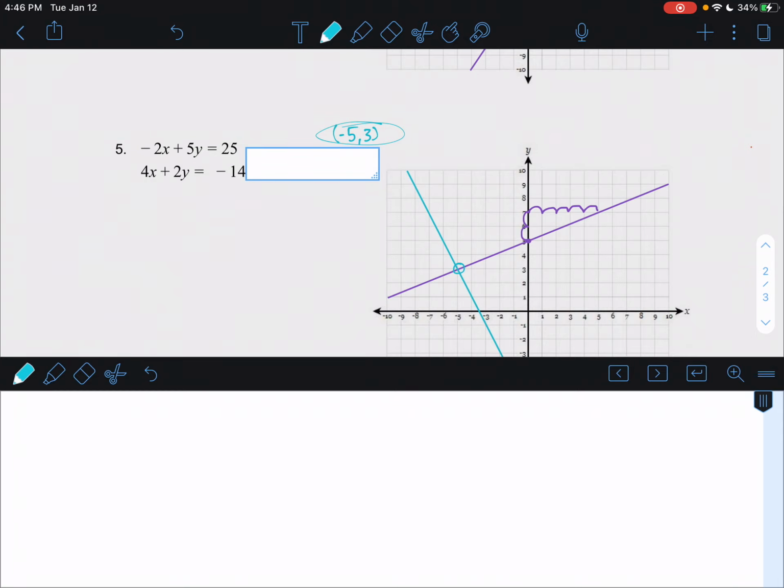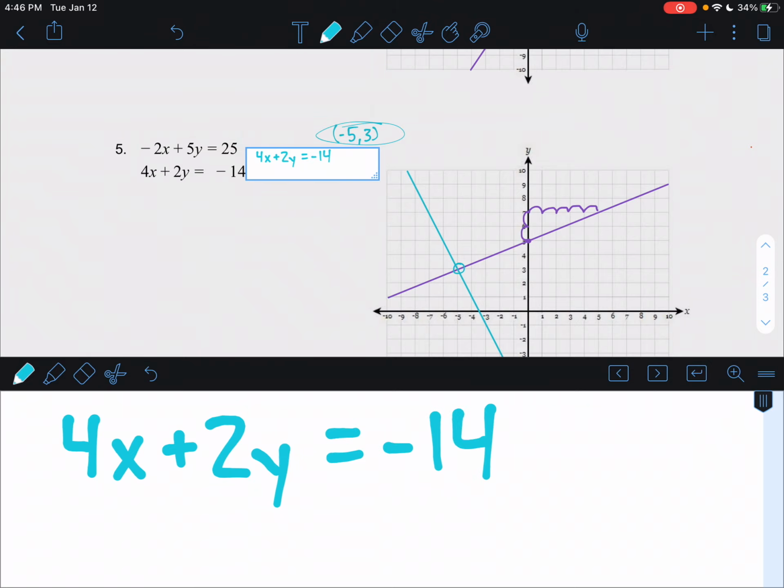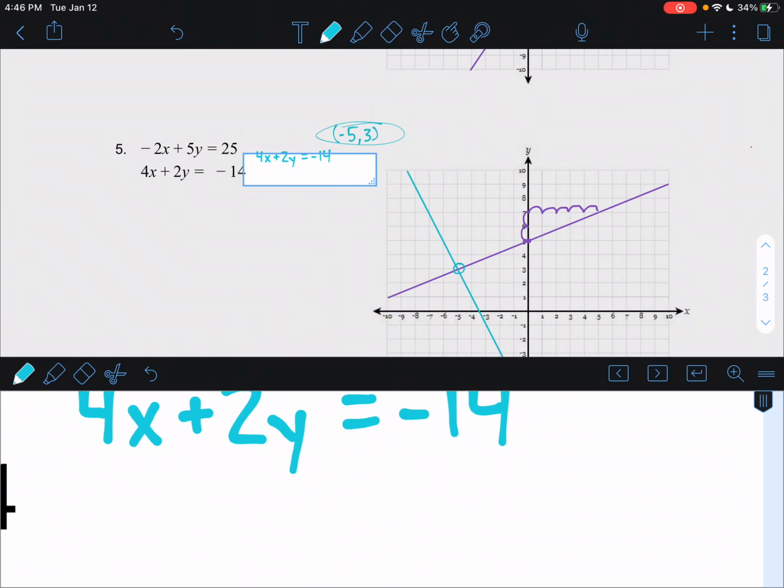So I'm going to rewrite my equation, which is 4x plus 2y equals -14. If you watched the part where I did the graphing, we already solved for y in the second equation, because I'm just going to subtract 4x from both sides.